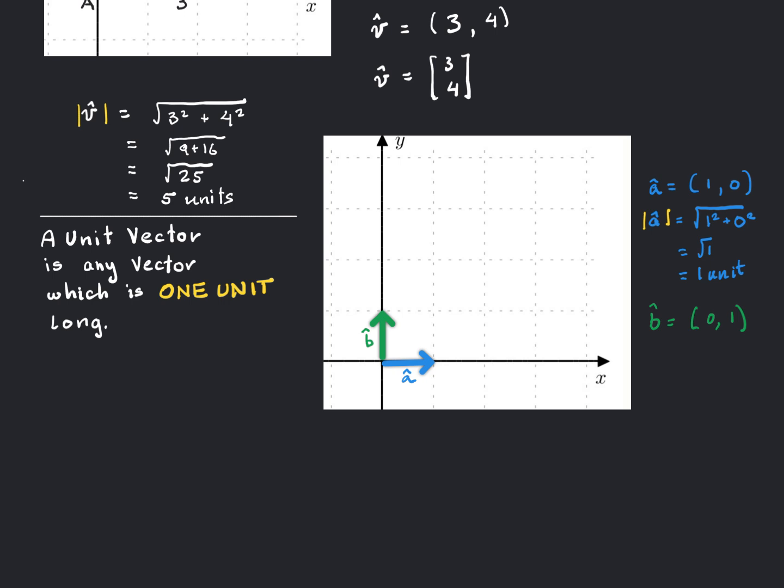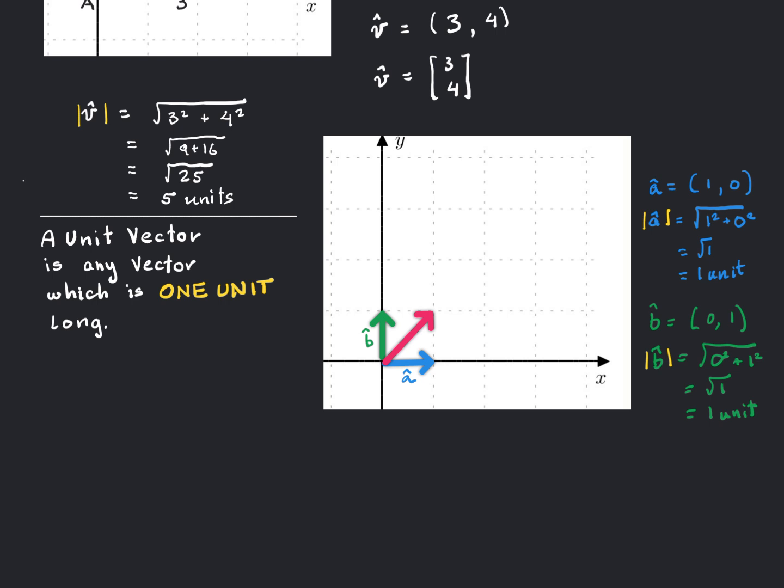And if we wanted to find the magnitude of this vector, then we would use Pythagoras' theorem again and find that this is the root of 0 squared plus 1 squared, which is root 1, and again we've got 1 unit long.